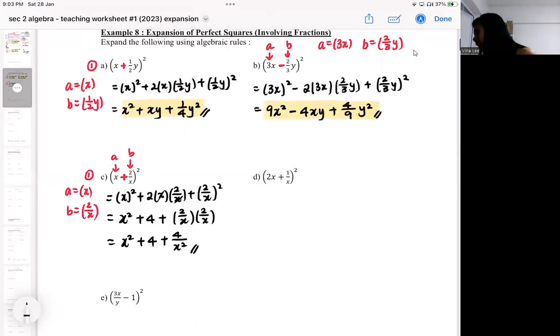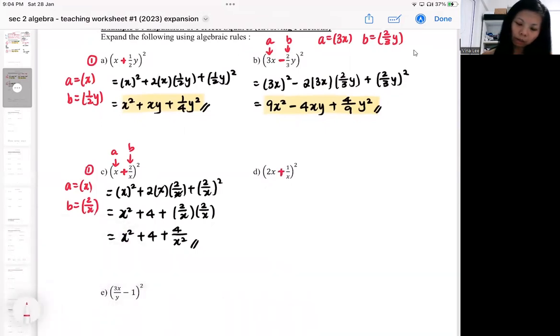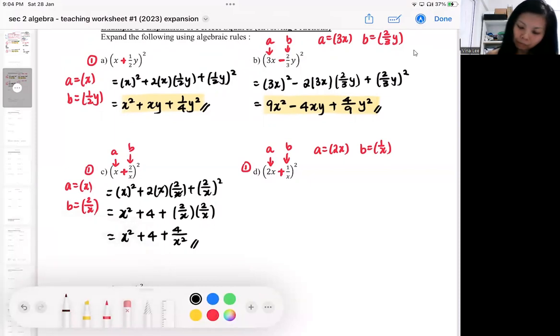Okay, so when there are brackets and squaring, everything can get confusing. So you have a lot of chance of making careless mistakes. But first of all, you must decide the formula correctly. So this is a plus. I should be using formula 1. This will be my A. This will be my B. So my A is equal to 2x. Bracket your A. Bracket your B. So write out the formula.